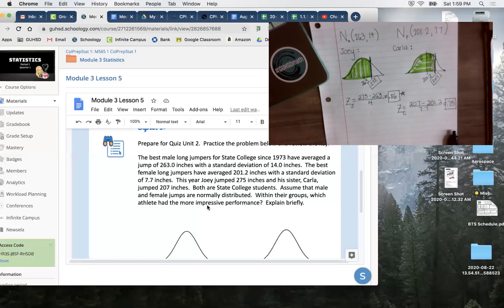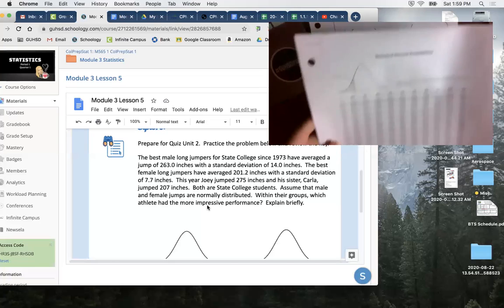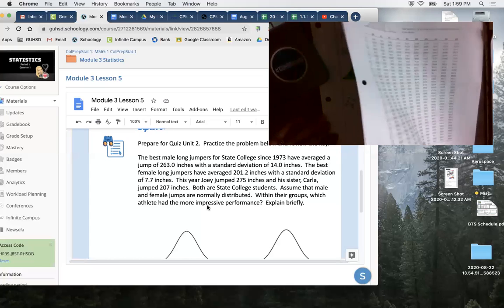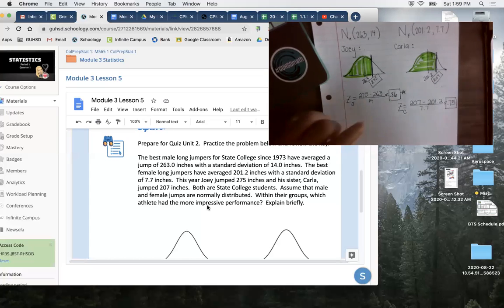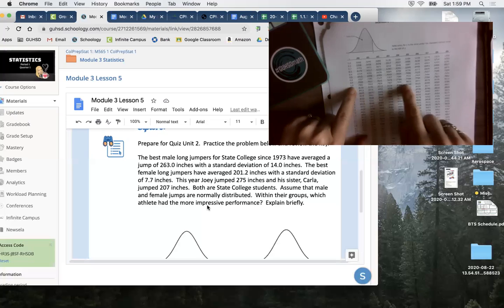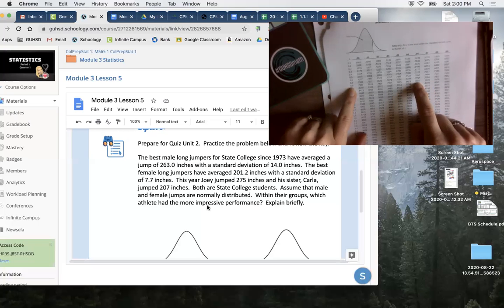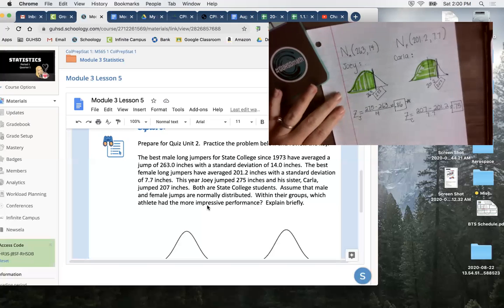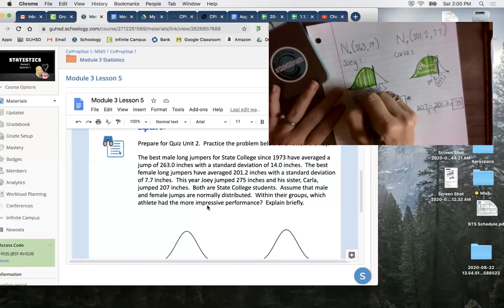Now, equating that to percentiles, I'm going to go to the z-table to figure out what percentile their jumps were in. I'm on the positive side of the z-table. He had a positive z-score of 0.86. So 0.8 is right here, 0.86, I would follow it all the way over to right there. He was at 0.8051.